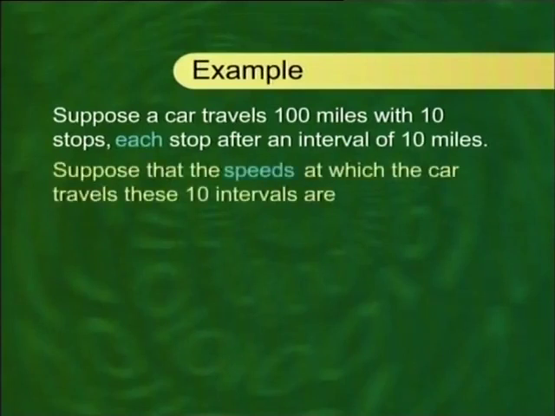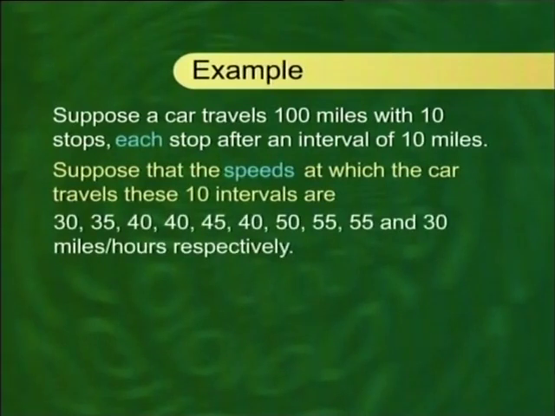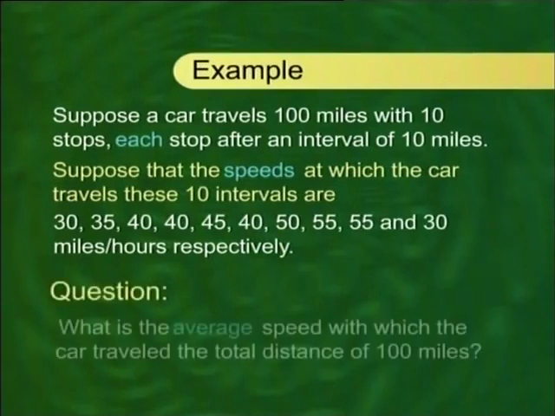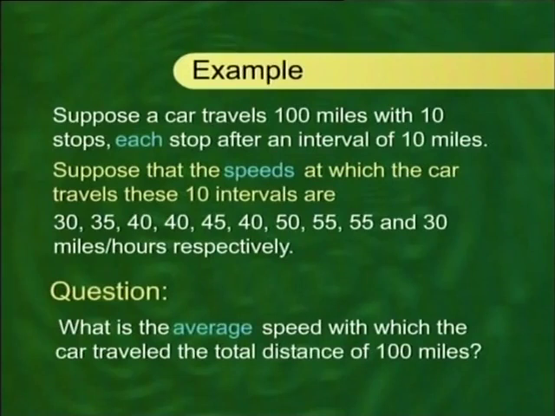Suppose that the speeds at which the car travels these 10 intervals are 30, 35, 40, 40, 45, 40, 50, 55, 55, and 30 miles per hour respectively. The question is, what is the average speed with which the car traveled the total distance of 100 miles?